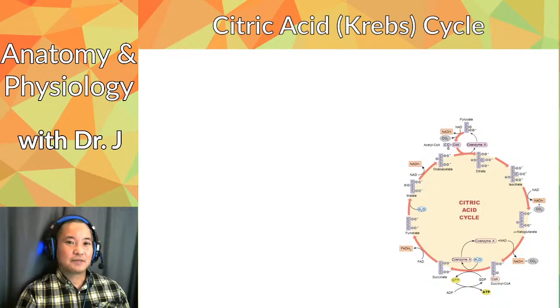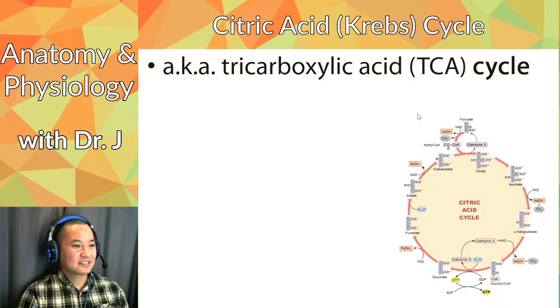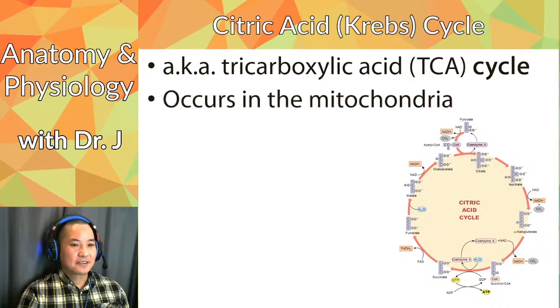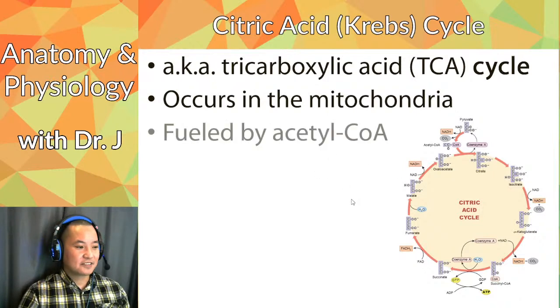But this is what I want you to get from it. This is also known as the TCA cycle, the tricarboxylic acid cycle, so many names for the same cycle. It occurs in the mitochondria, and this is why the mitochondria are the powerhouse of the cell, because this is an essential part of converting many of the macromolecules to energy.